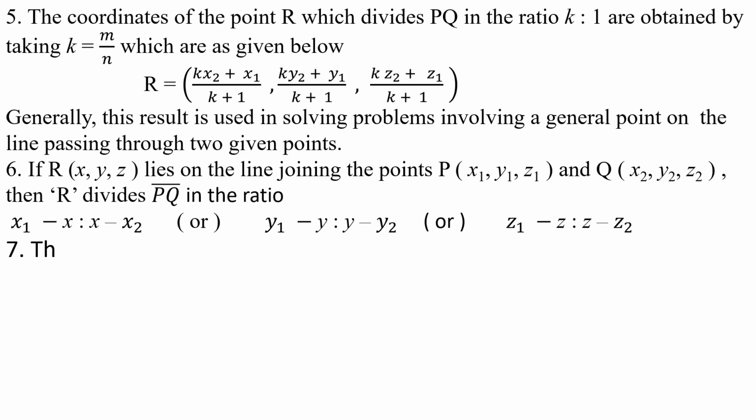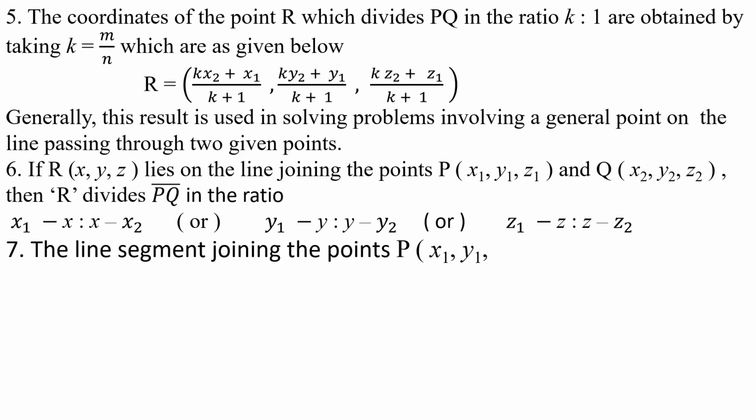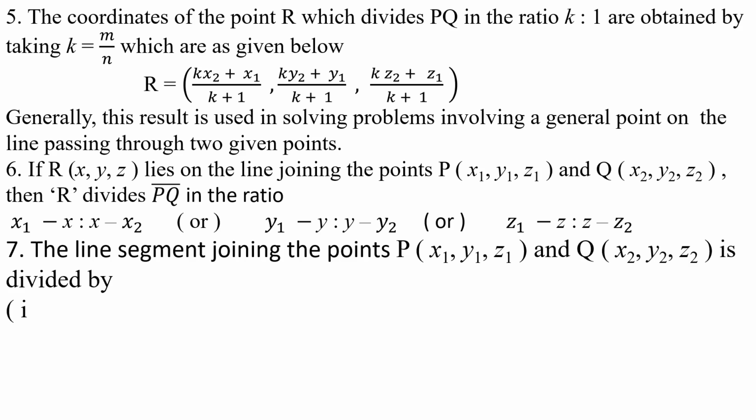Right. Now come to point number 7. The line segment joining the points P (x1, y1, z1) and Q (x2, y2, z2) is divided by the xy plane in the ratio minus z1 is to z2.